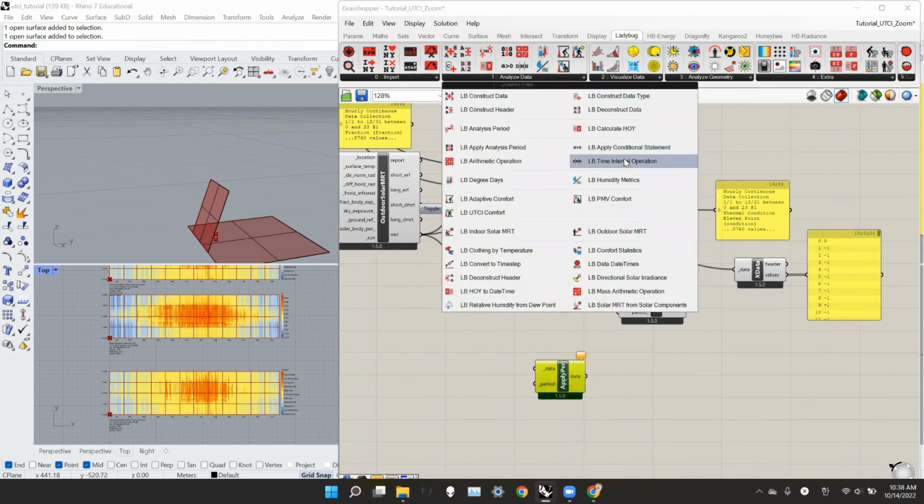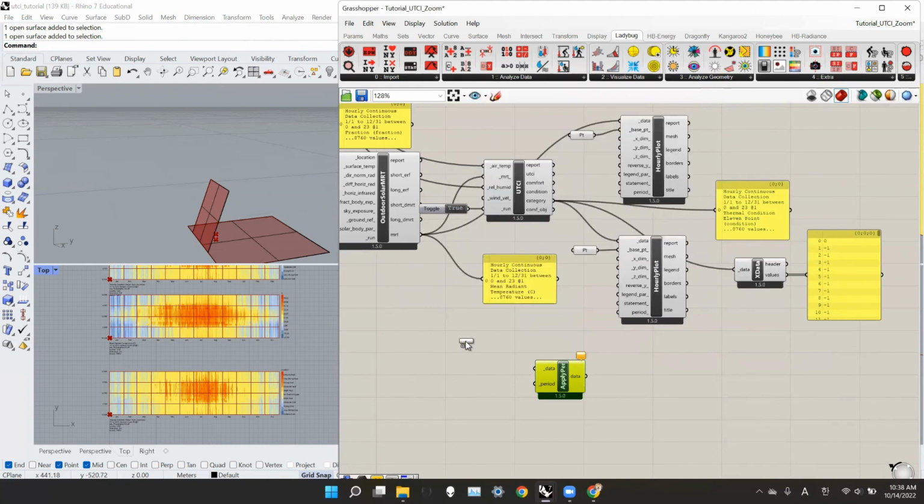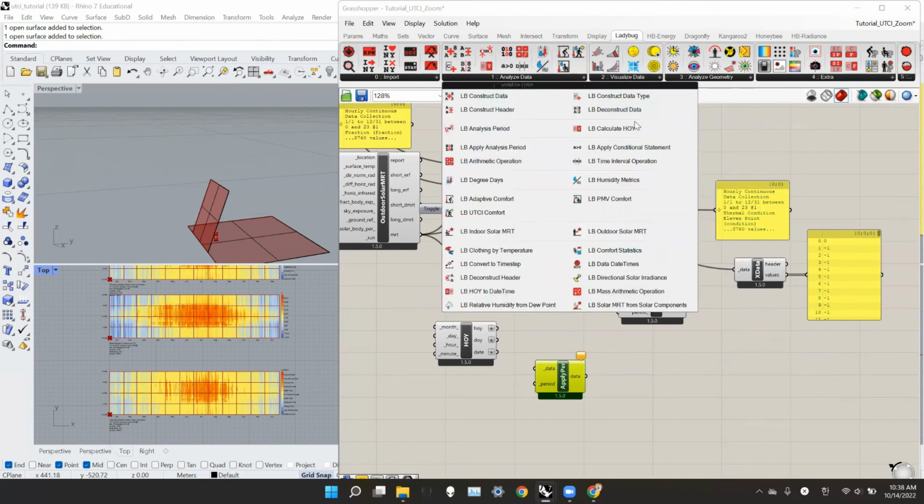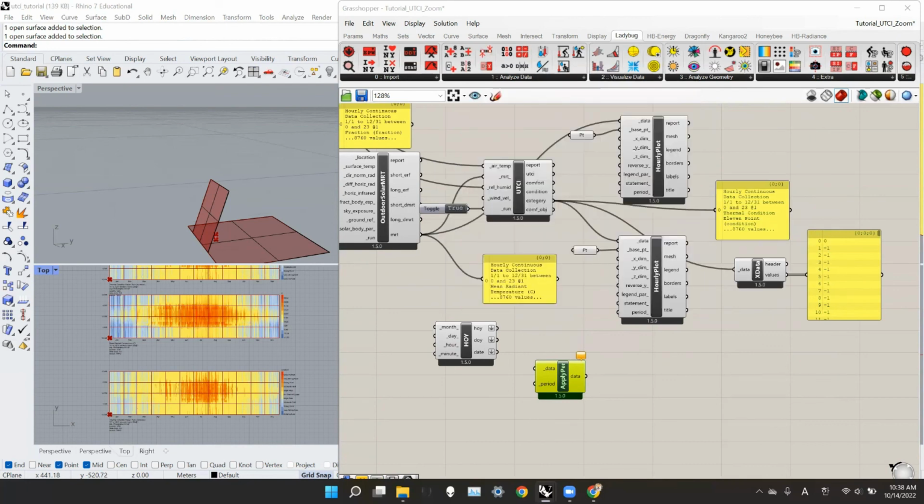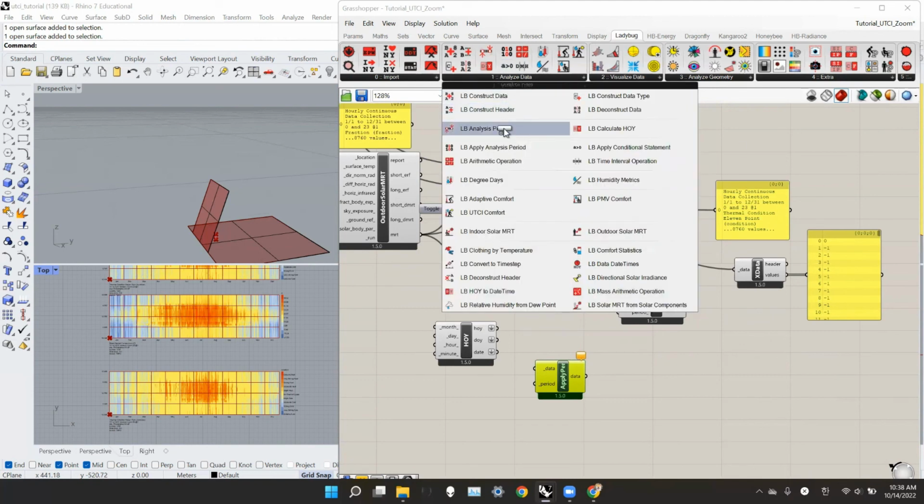I think you know how to filter out the data with the analysis period. Oh, maybe not this one. Due date time. Not calculate. What is it? The one. Okay, so this one.